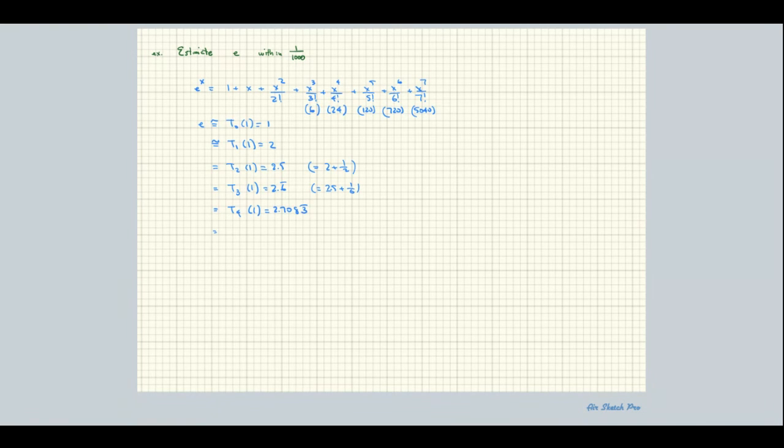Now T5 of 1 is, I'm going to add to the last one 1 over 120. I get 2.716s repeating.